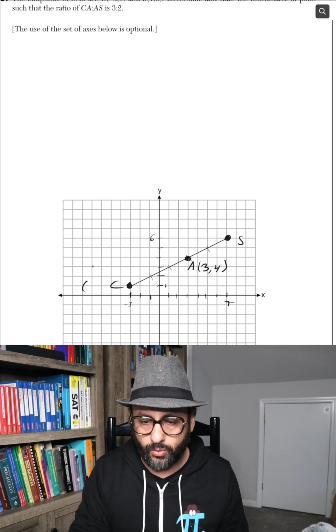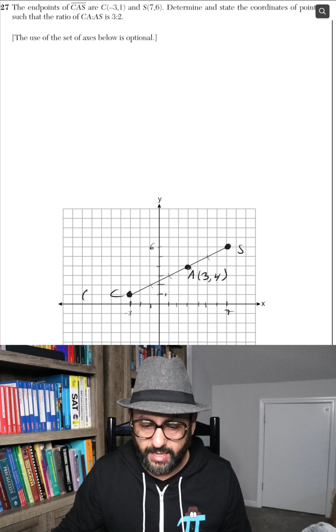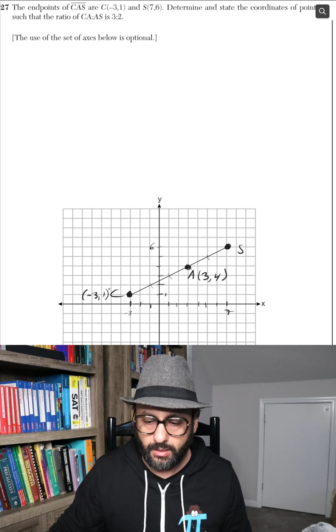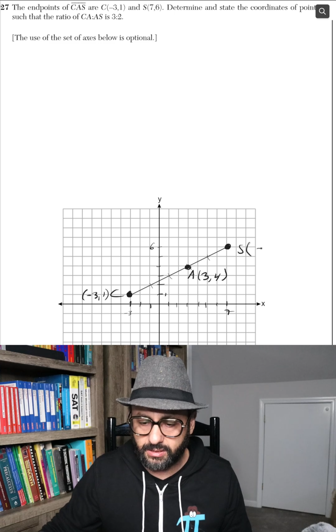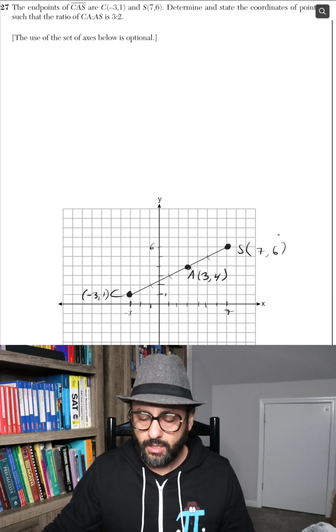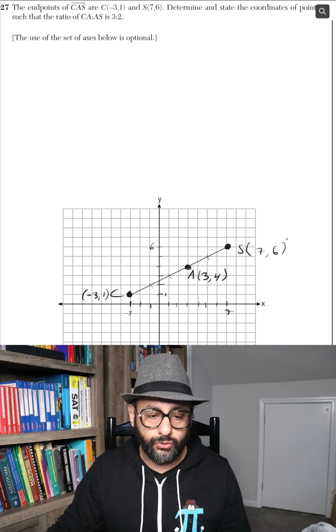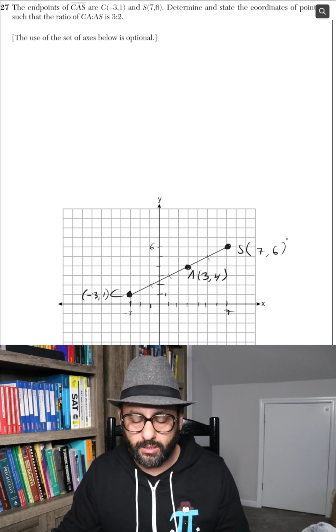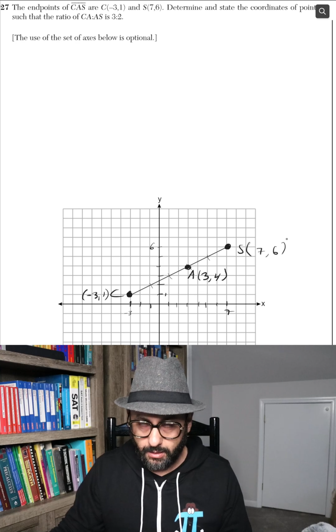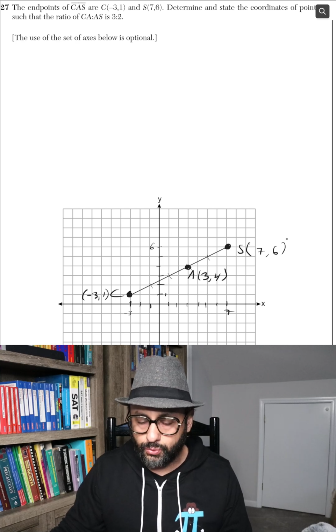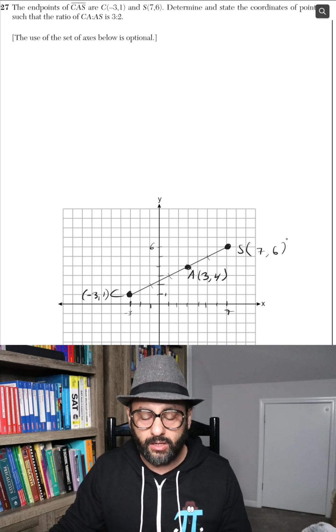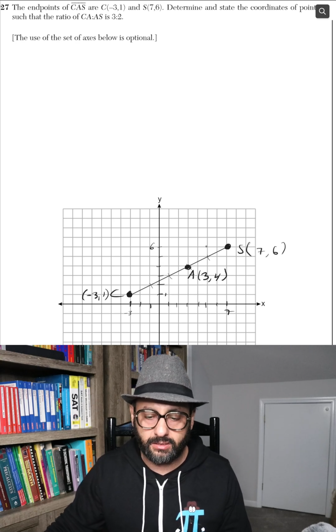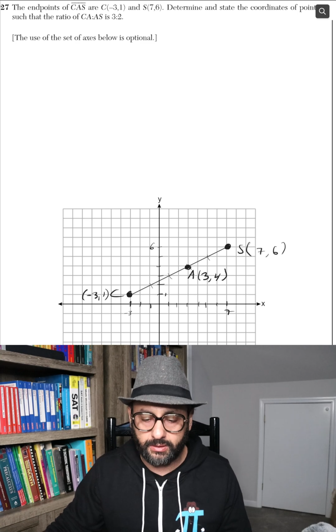So I have the coordinates of C is -3, 1. I have the coordinates of S are 7, 6. And what I could do, I could do the distance formula, or I can count the vertical distance and the horizontal distance and show that the vertical distance and the horizontal distance are in a ratio of 3 to 2.